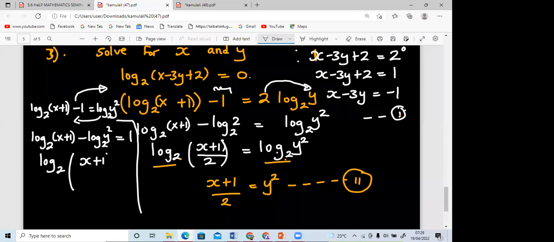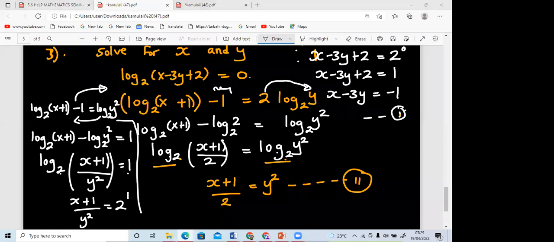So I have (x plus 1) over y squared is equal to 1. Then we know very well the rule for logarithms: this number can be a power this side. So I can say (x plus 1) over y squared is equal to 2 to the power 1, and then you come back to the same thing. So you can either go like this, or you can come directly like what she did.